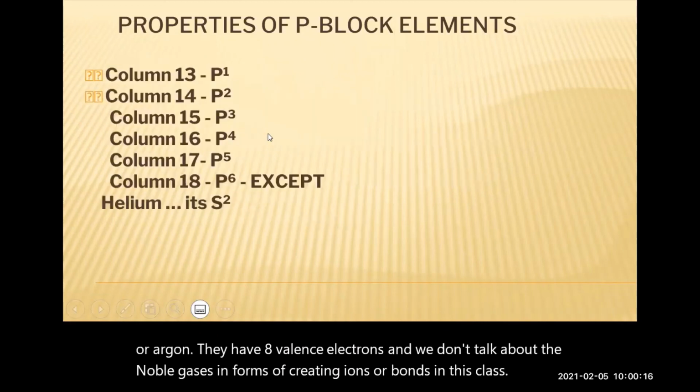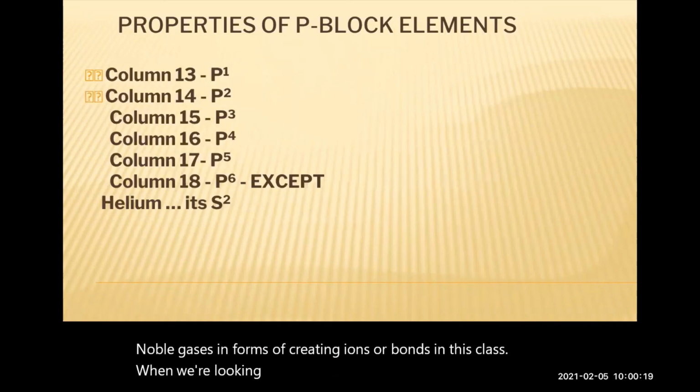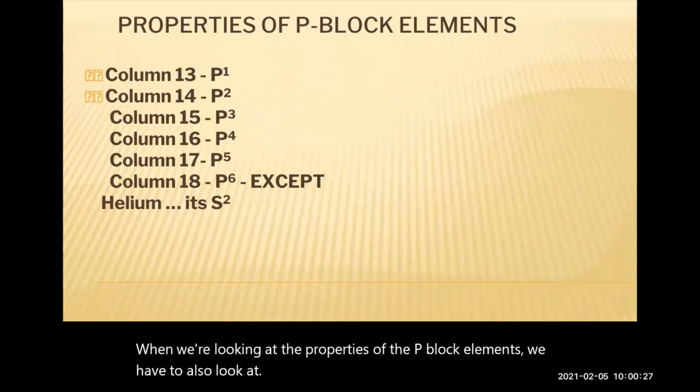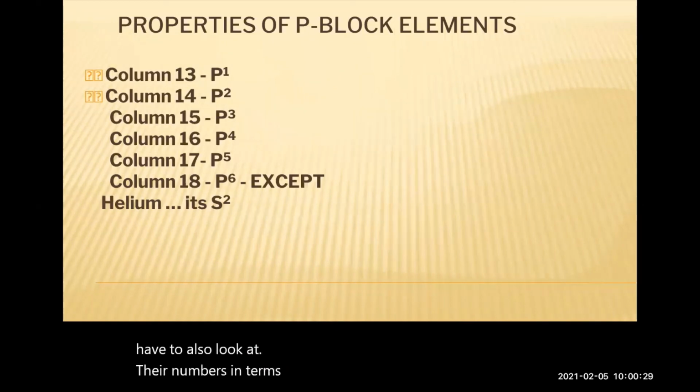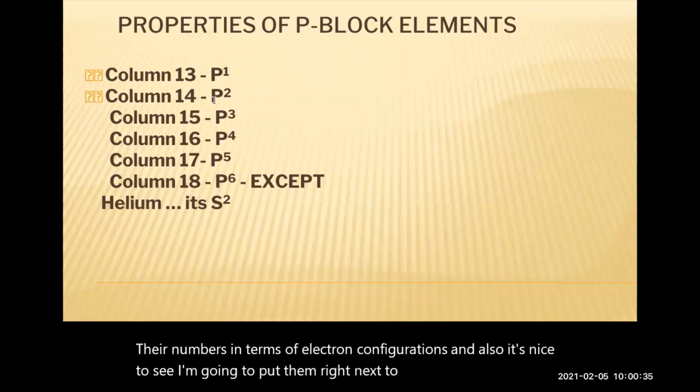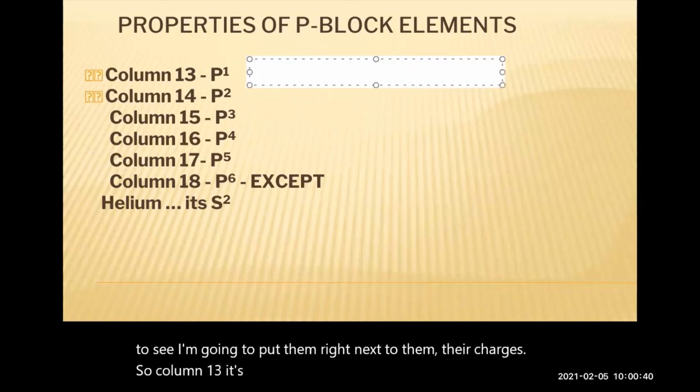When we're looking at the properties of the p block elements, we have to also look at their numbers in terms of electron configurations. And also, it's nice to see, I'm going to put them right next to them, their charges. So column 13, it's P1, and it's a 3+ cation.